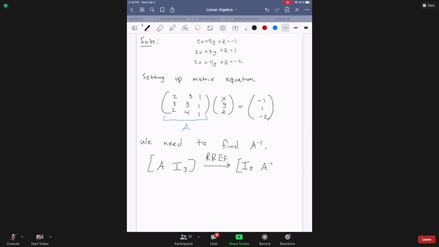I'm going to skip that part, since you guys know how to RREF already. If you do all that, you get -1, 1, 0; -1, 0, 1; 6, -2, -3.